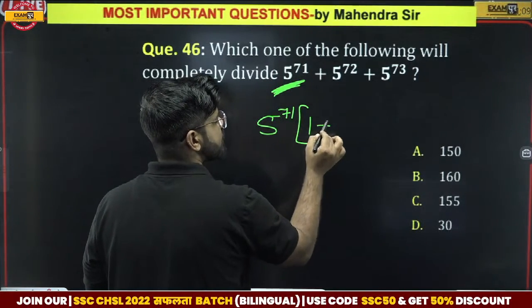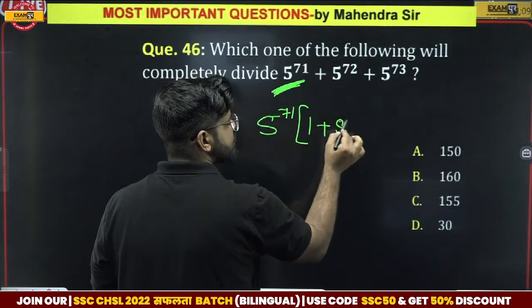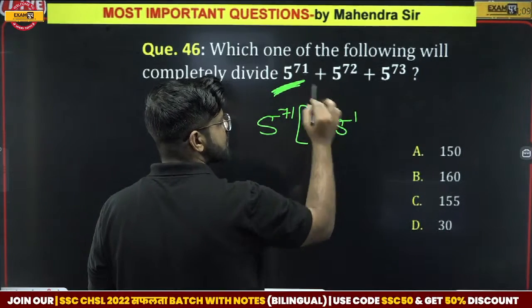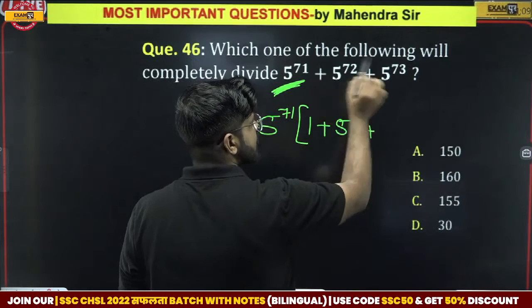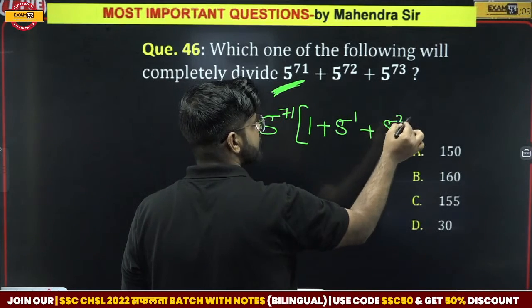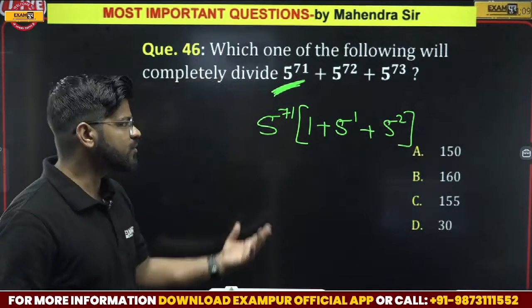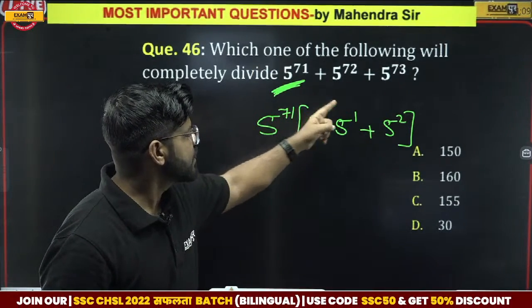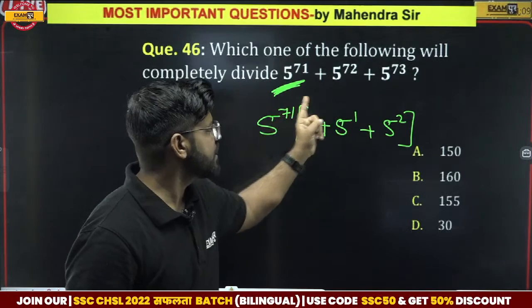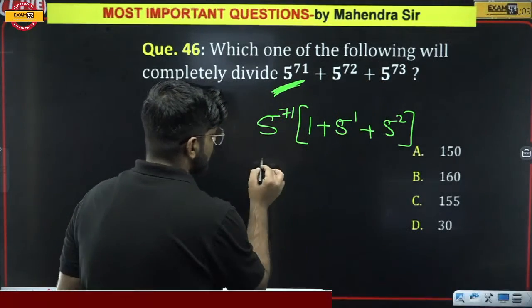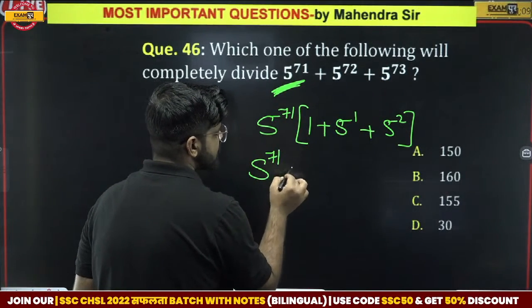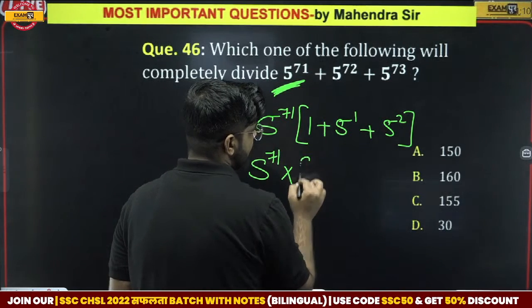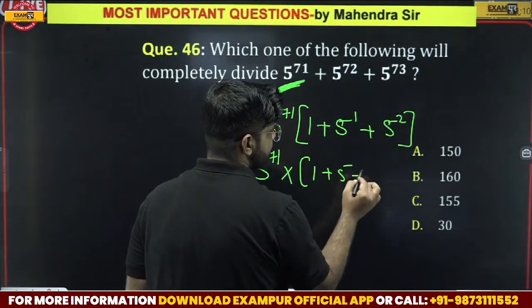You will get 1 here, you will get 5 here, 5 to the power 1 because the difference is 1, and here the difference is 2, so you will get 5 square. If you multiply back, you will get 71 plus 1, 72, 71 plus 2, 73. So 5 to the power 71 is there, multiplied by 1 plus 5 plus 25.